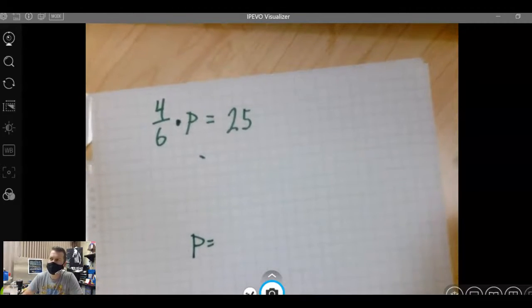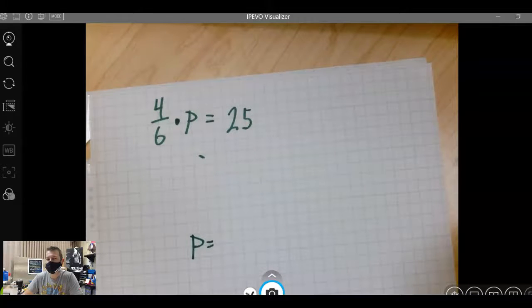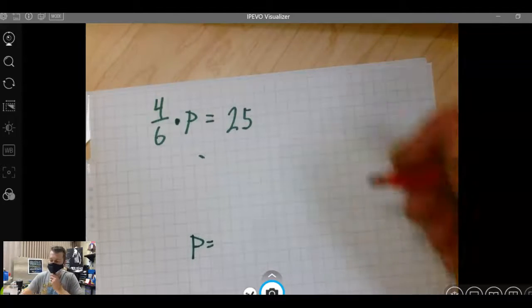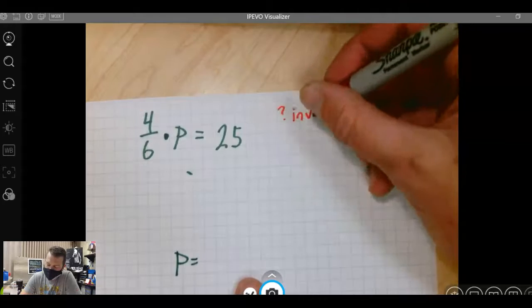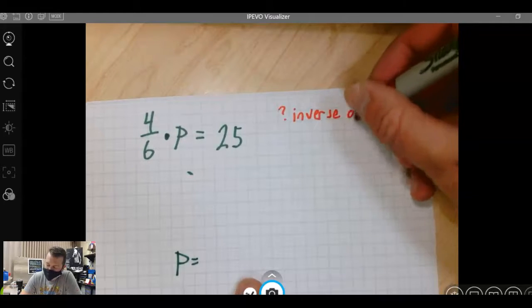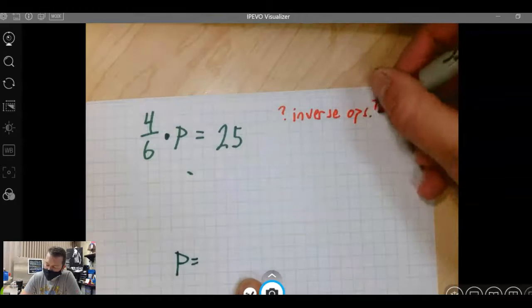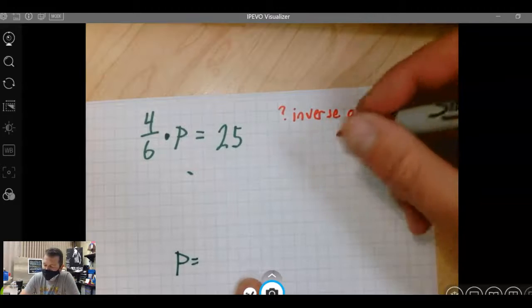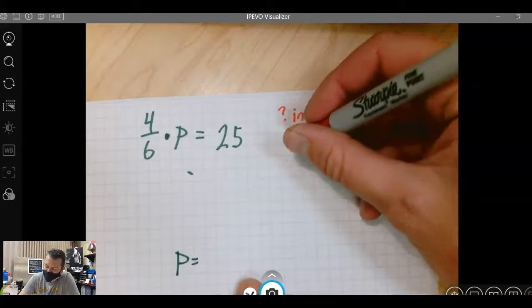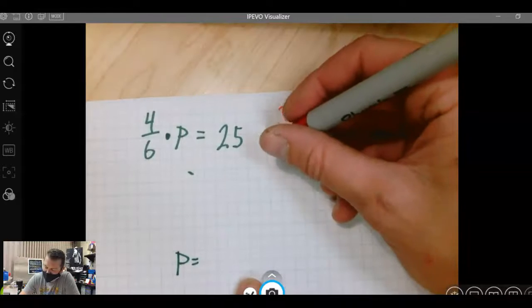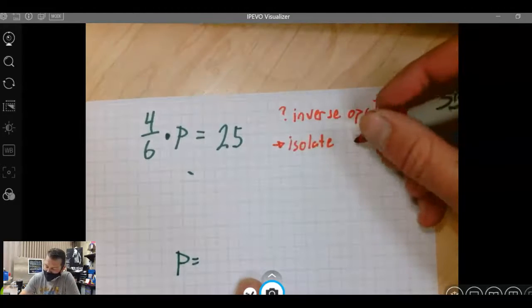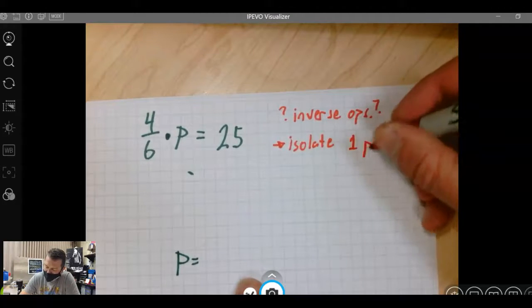Wait, we don't have to. So normally, what we're thinking to ourselves is use inverse operations. But the point of using inverse operations is to get the variable isolated, right? So what we're trying to do is isolate just one p.